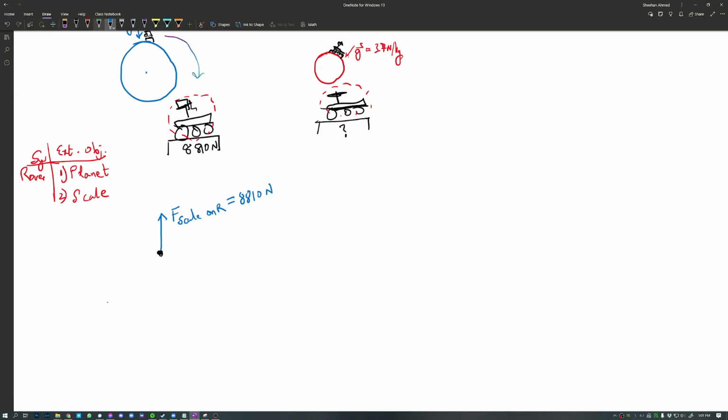But I am not done. There is also the force that the planet is exerting on the rover, so the force that the Earth exerts on the rover.